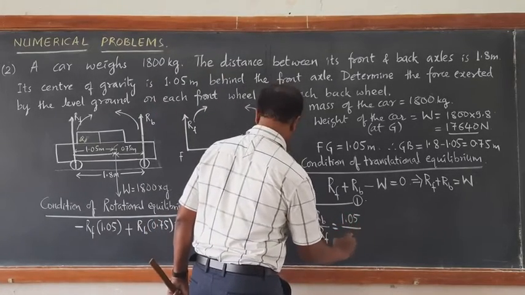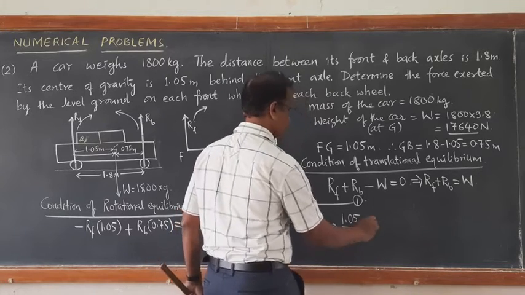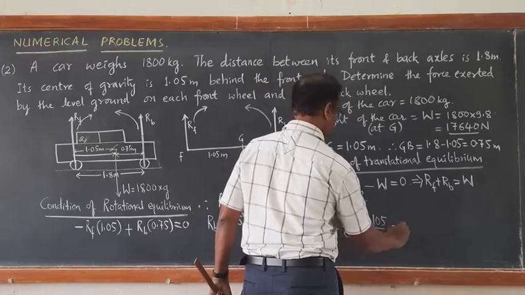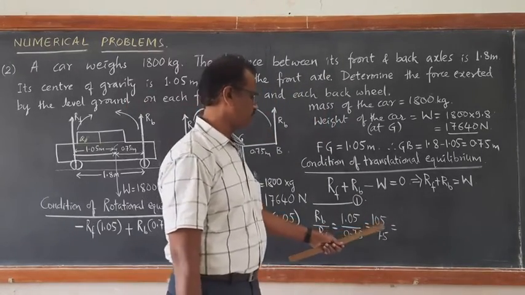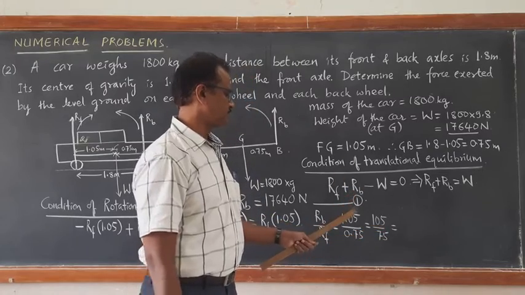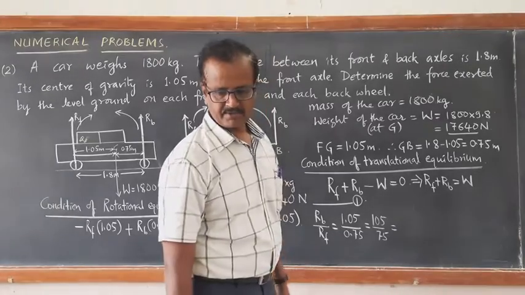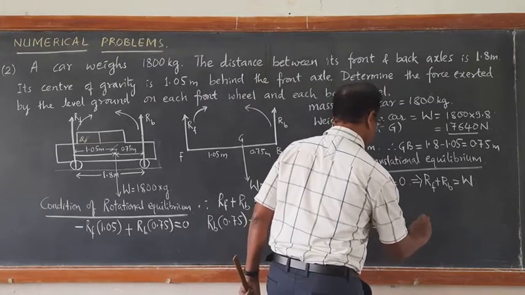RB by RF is equal to 1.05 divided by 0.75. So this comes out to be 105 divided by 75. If you simplify this, 15 5s are 75, 15 7s are 105. Yes, 7 by 5. 7 by 5 if you calculate comes out to be 1.4.